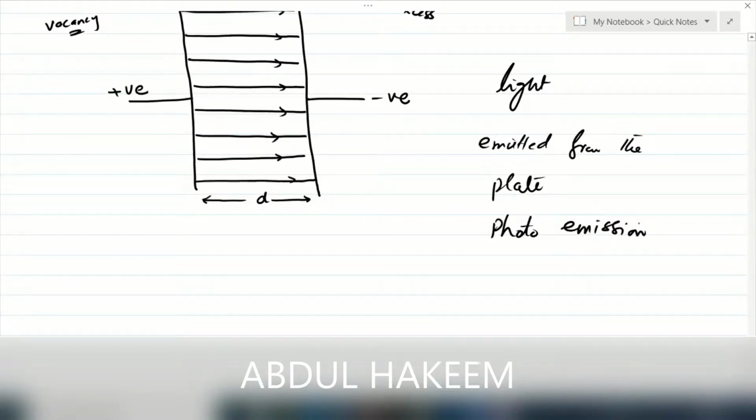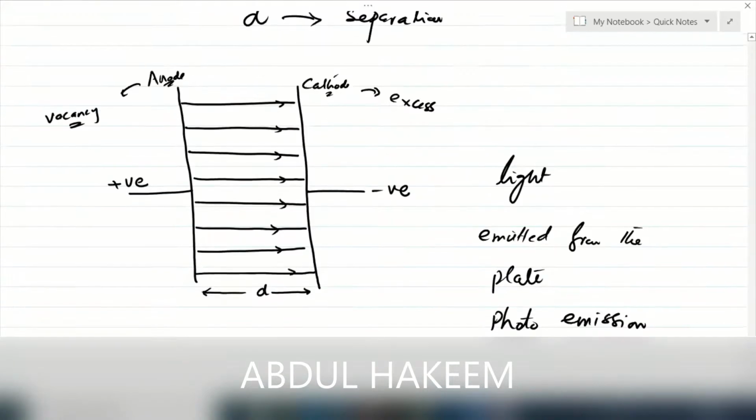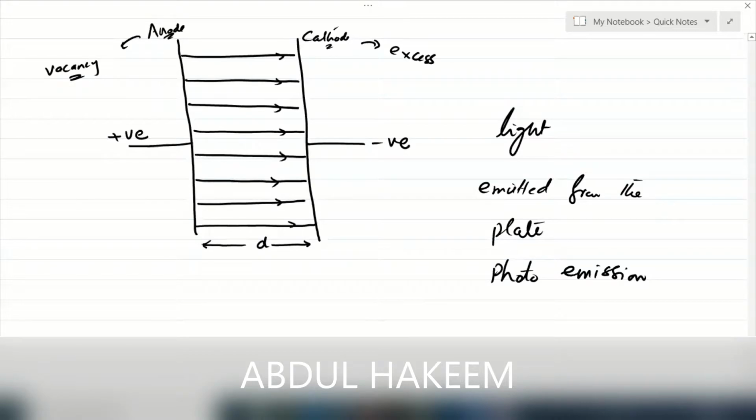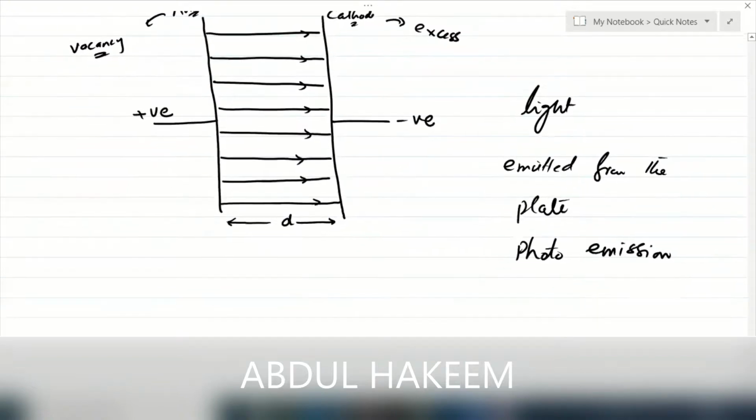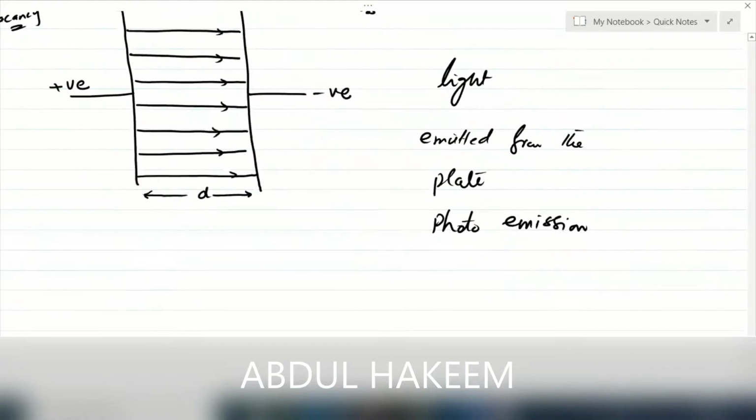Cathode has excess of the electrons. So when the light particle is incident on the cathode, electrons are ejected from the plate. This is called photoemission.